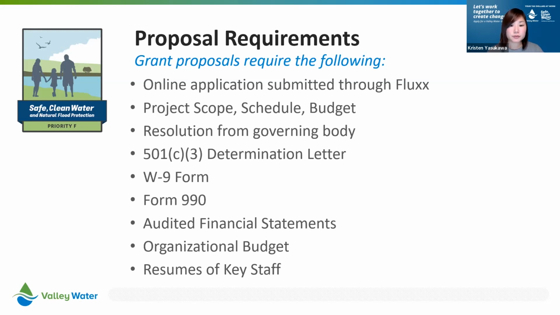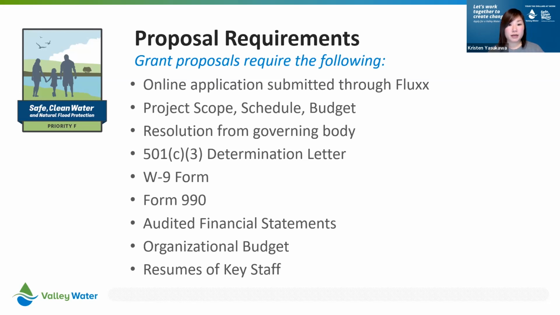If this applies to you and you are a 501c3 tax exempt under the IRS tax code, we need to see the 501c3 determination letter. That again would be uploaded into the Flux system and attached to your application. We also need W-9 forms, Form 990s, audited financial statements, your organizational budget, and then all the resumes of key staff who would be working on the project.